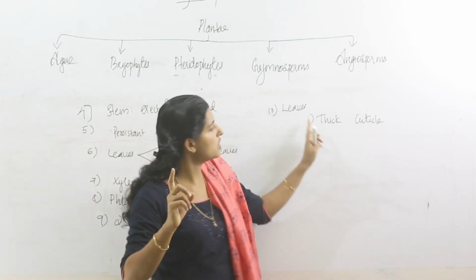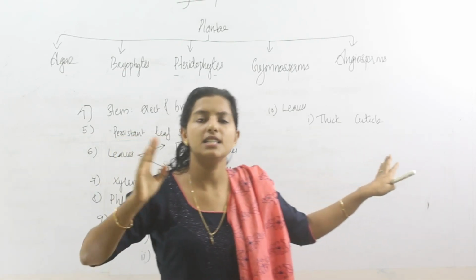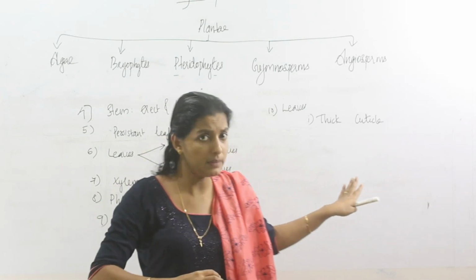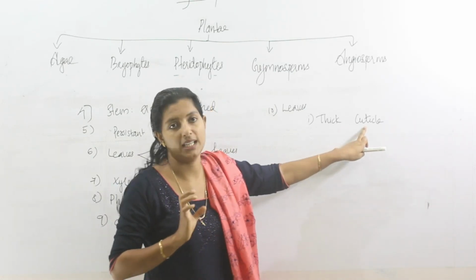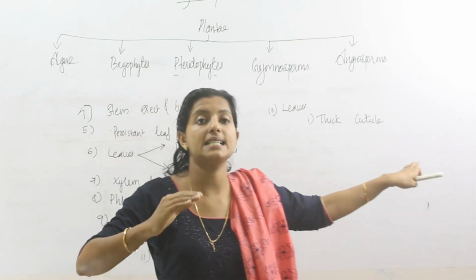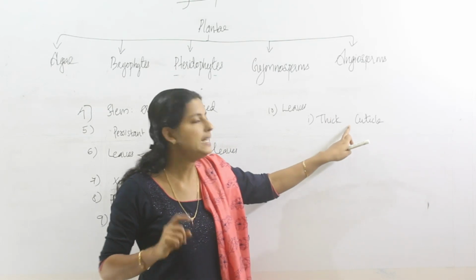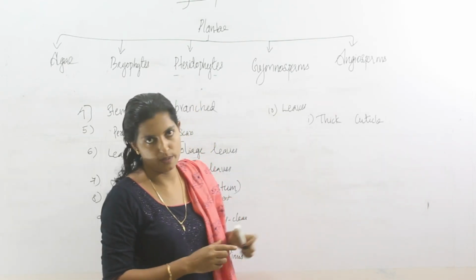In case of gymnosperm, that cutin deposition is very thick. That is why the gymnosperm leaves are deep green as well as glossy in nature. That glossy nature is given by this cuticle. Actually, this cutin is a water repellent material. So the thick cuticle is the first xerophytic adaptation shown by the gymnosperms.